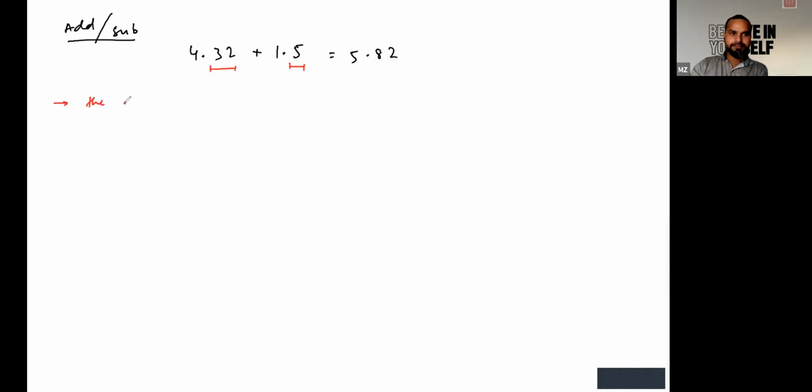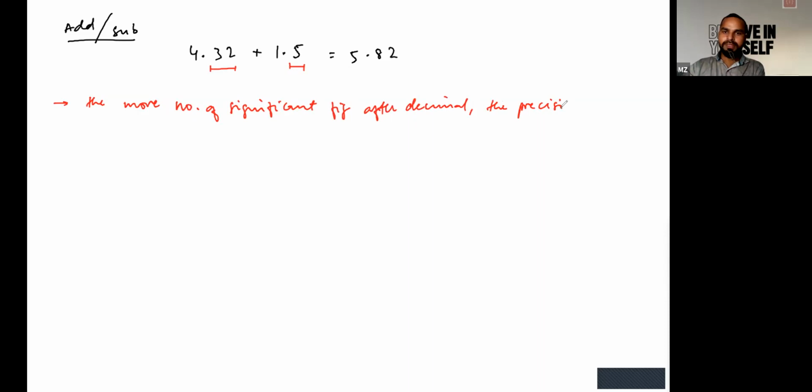The more the number of significant figures after decimal in any observation, the more precise the data will be.